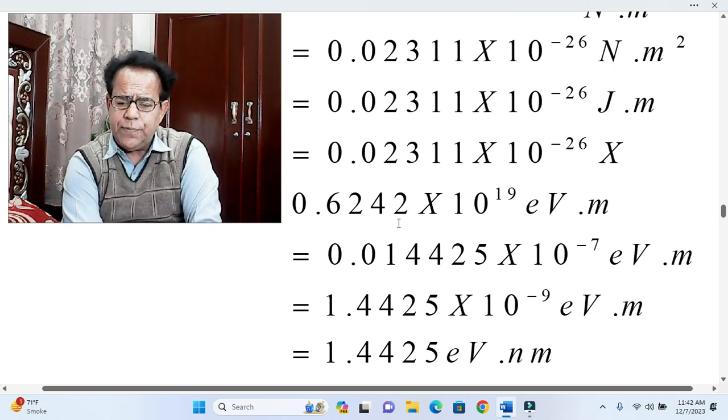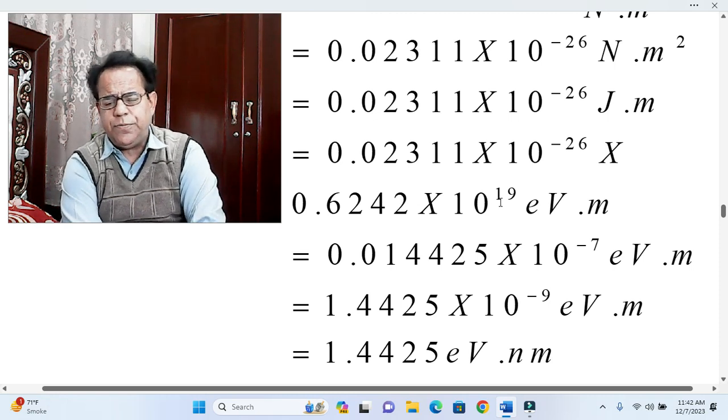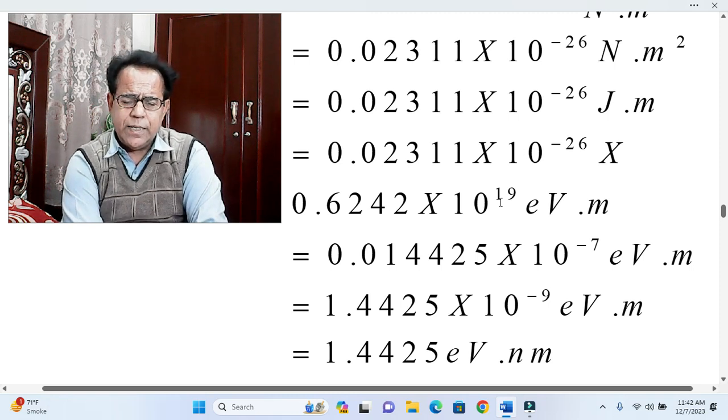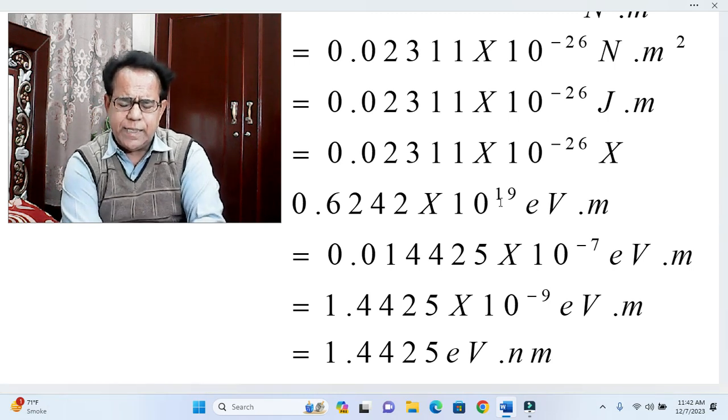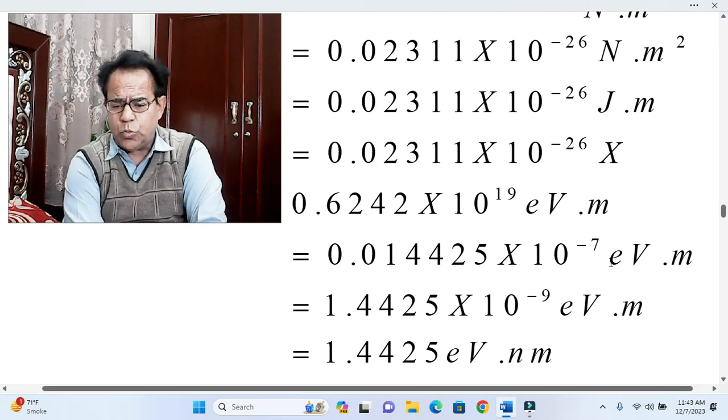So this value is 1 divided by 1.602, this result is that, and this is 10 raised to the power plus 19, because we had seen that this is equal to this. So this becomes equal to this, electron volt into meter.